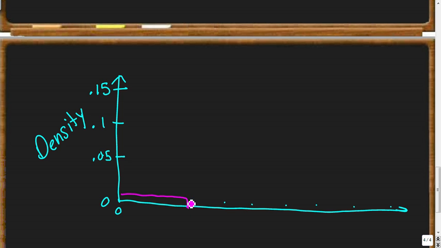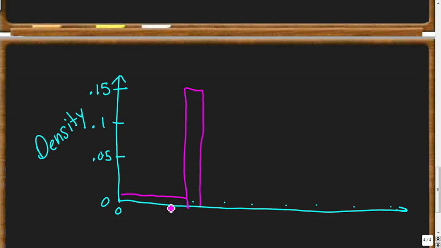So now from 18 to 22, which I'm going to make right here, we're up to 0.15. So you can see that even though this is a much wider range, we're accounting for that.